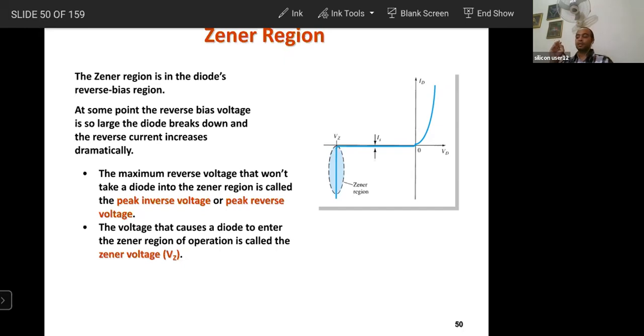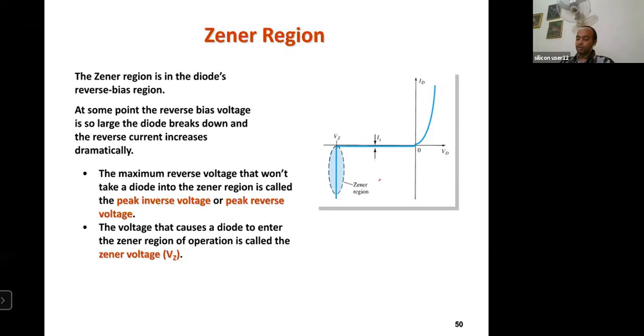At a certain reverse voltage, a lot of electron-hole pairs will be created, which will increase the number of minority carriers, and that's why the reverse current will dramatically increase. The point where this happens is called the PIV, peak inverse voltage, also called PRV, peak reverse voltage, or VZ, the Zener voltage.